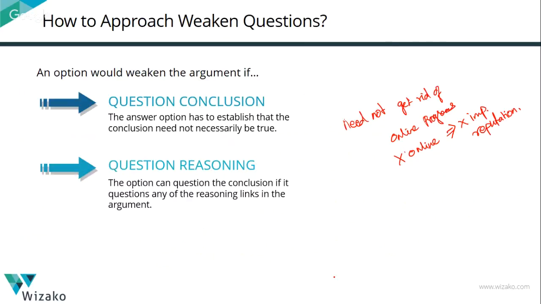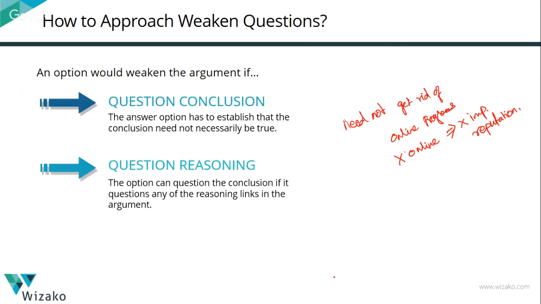So what would the answer option do? It would question these reasoning styles that we have identified in order to ultimately question the conclusion. So one of the reasoning styles, the cause-effect relationship that we identified, was that the job offers were coming down because of a decrease in proficiency of the candidates.